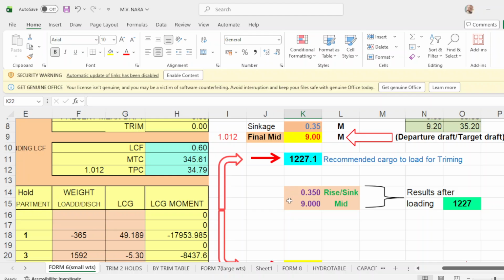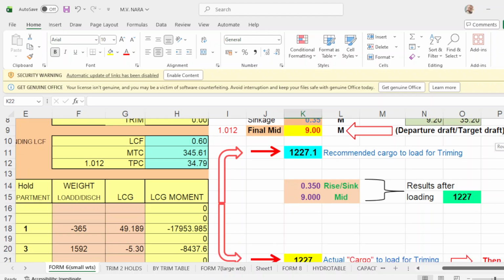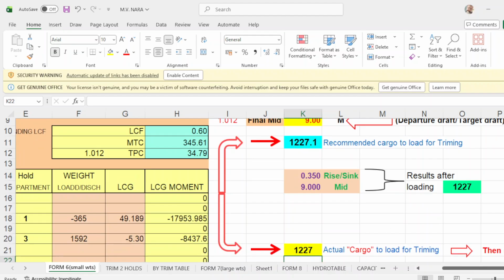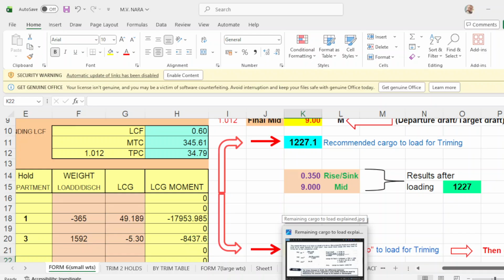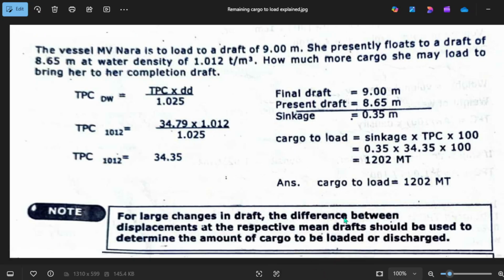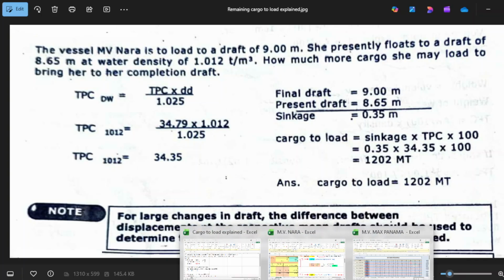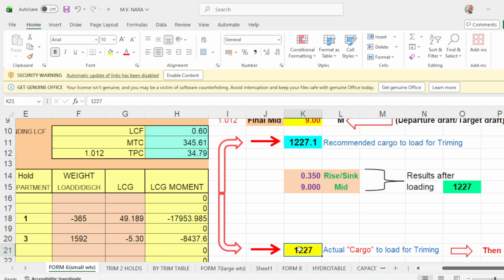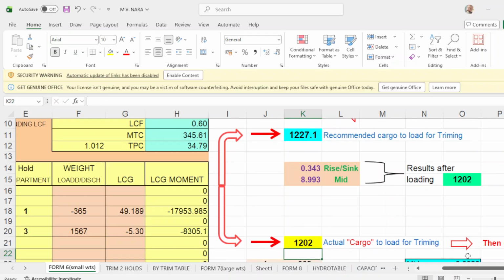Now, we try to use the recommended cargo by the program or by the exercise. How much did they say? 1,202. Okay, we will not use this one. We use this one as recommended by the exercise. Press this one. What happens? Results after loading 1202.